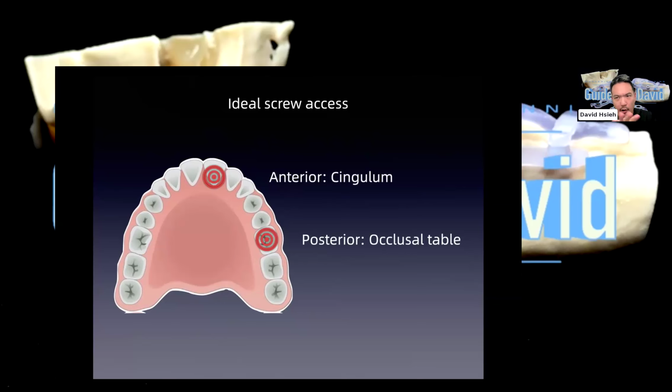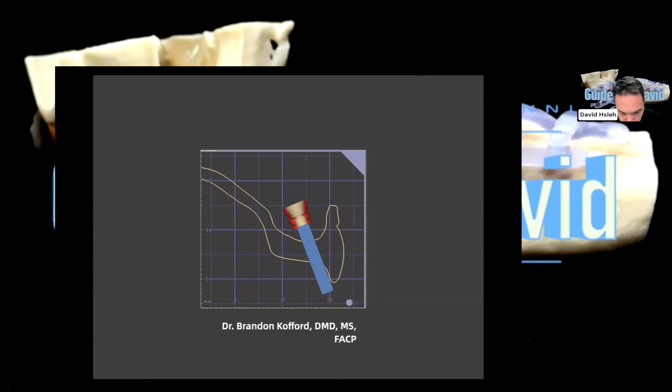That's just our goal. Whatever the bone condition is, if you place the arch, this is where the teeth need to be, and that's where we're shooting for. If we shoot there, we'll have a very slender, very nice prosthesis design. So this is an example from my mentor, Dr. Brendan Cover. This is the anterior case, right?